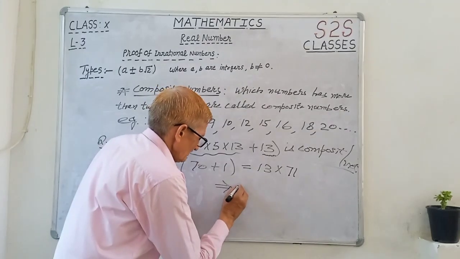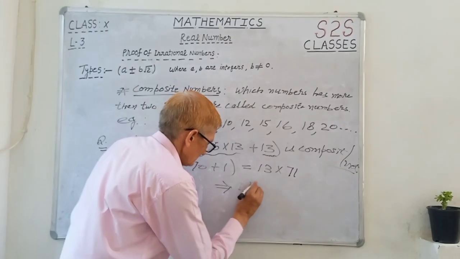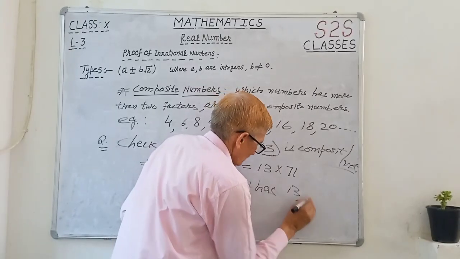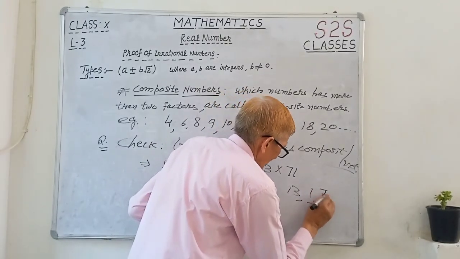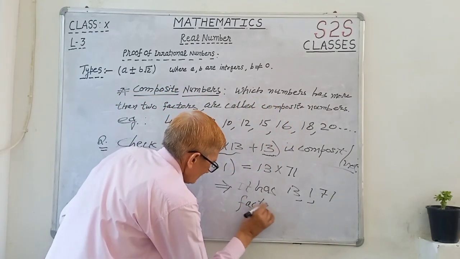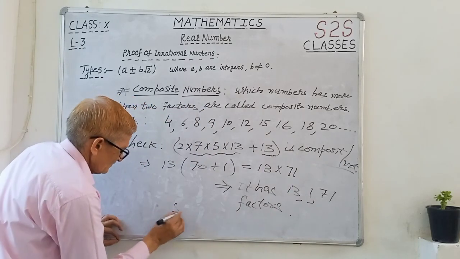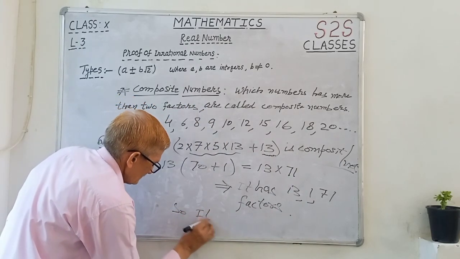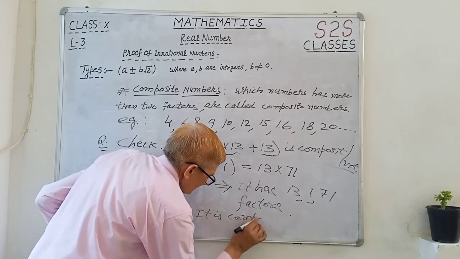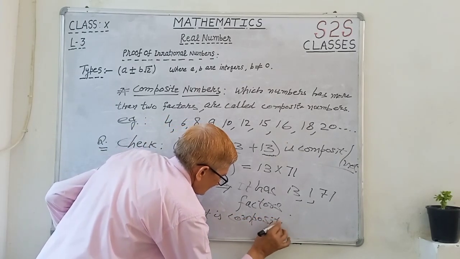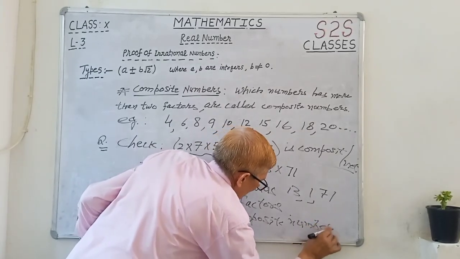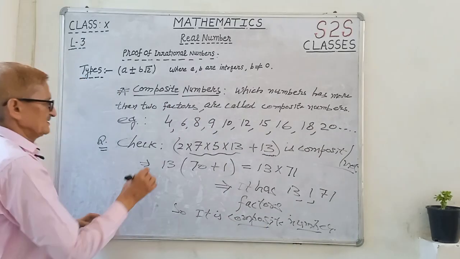So 3 factors: 13, 1, 71. So it is a composite number.